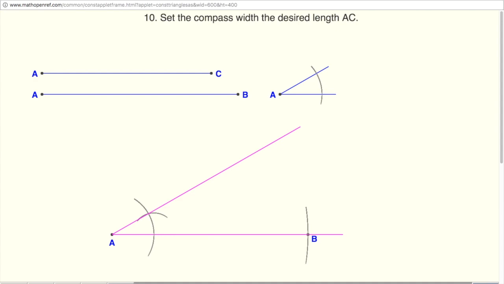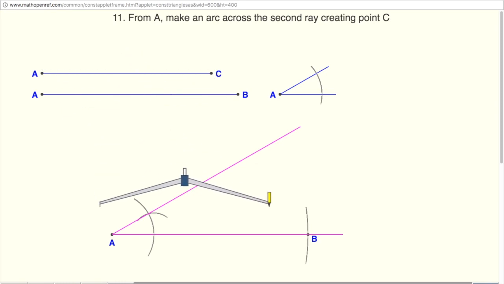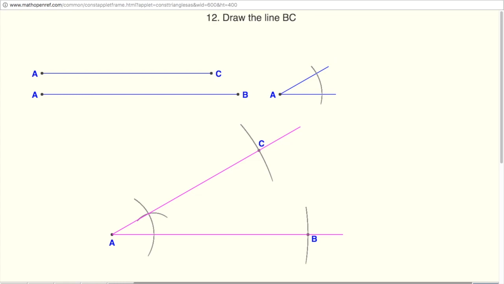Now set the compass width to the desired length of AC, and then from A make an arc across the second ray. And then draw the line BC. And we're done. We have our triangle.